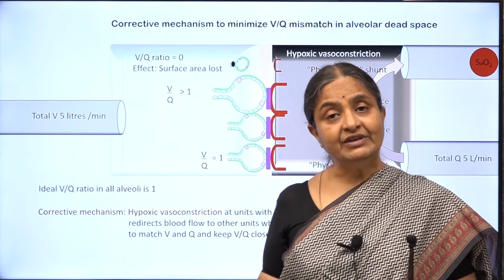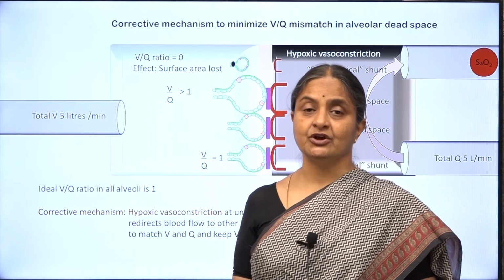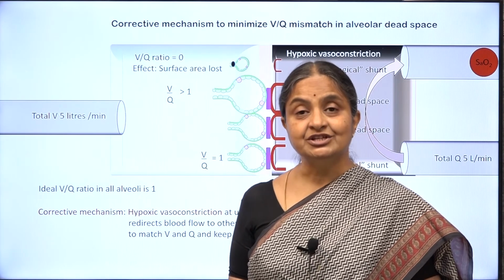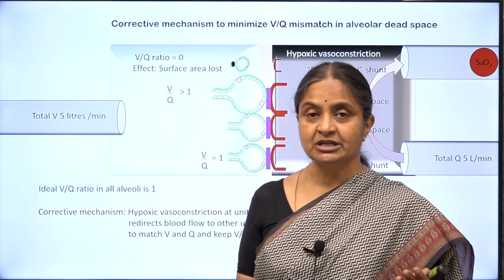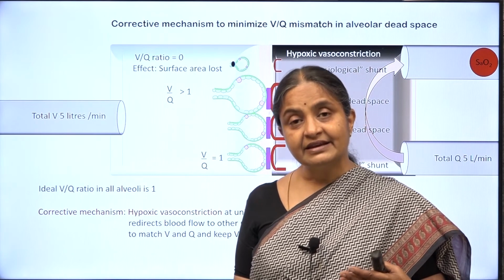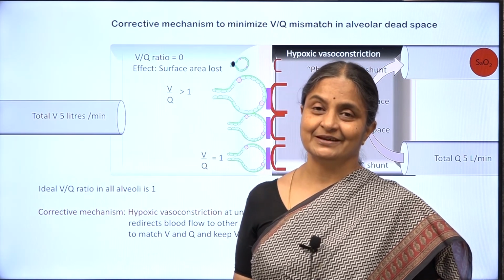So, in people living at high altitudes, there is a certain prevalence of this phenomenon called pulmonary hypertension, which occurs due to hypoxic vasoconstriction. A normal response which aims to match ventilation and perfusion can create a problem if there is global hypoxia.